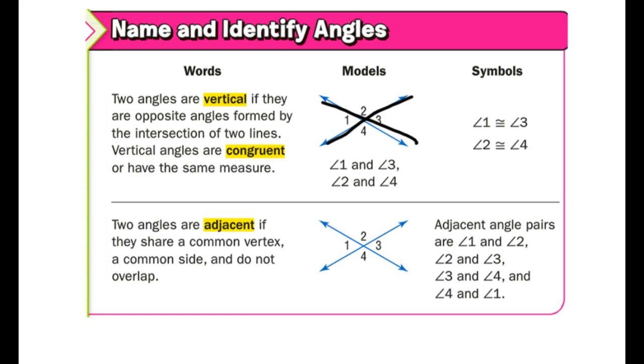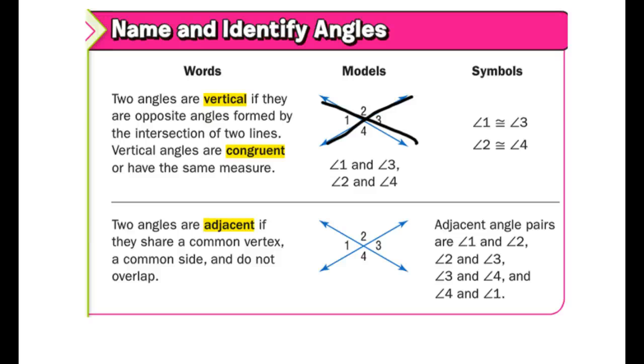So they are vertical, and that means they are congruent. So if you see that 2 is, say, 110 degrees, you automatically know 4 is also 110 degrees.